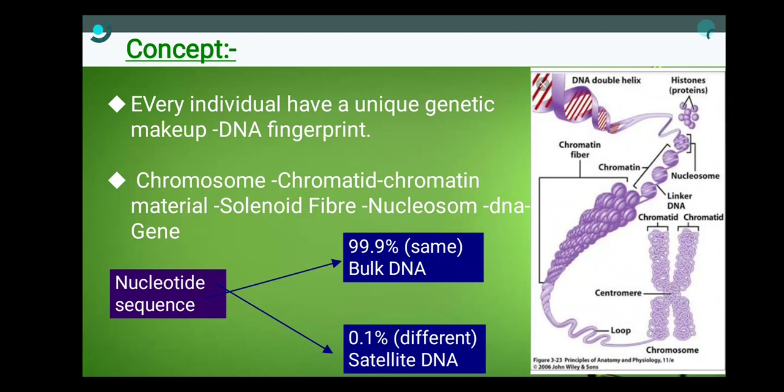As we know, 99.9% of the total nucleotide sequence is the same among all persons, and this is called bulk DNA. Whereas satellite DNA, which is only about 0.1%, varies from person to person. This is satellite DNA, on the basis of which we can identify the person.